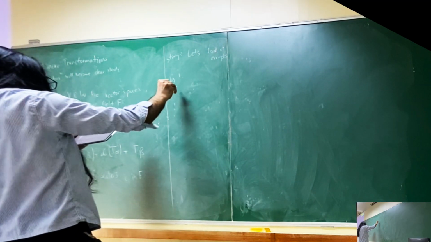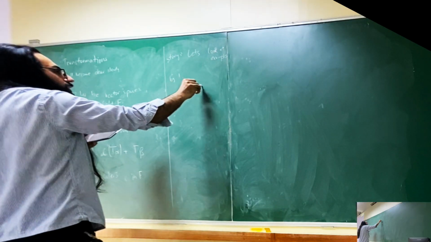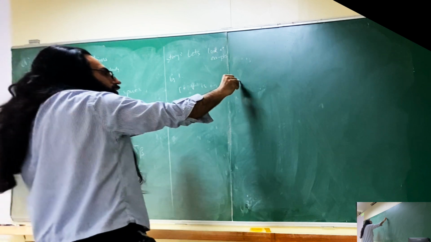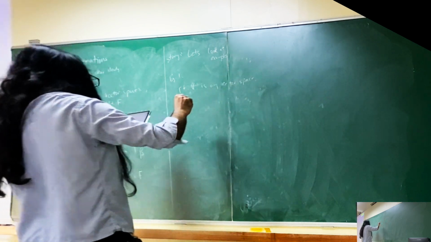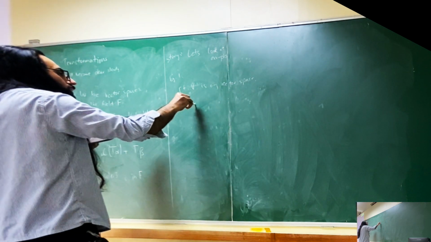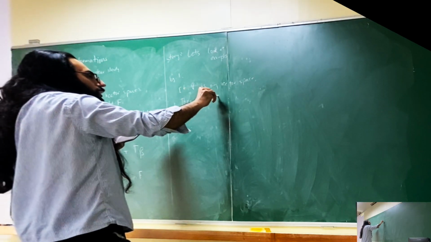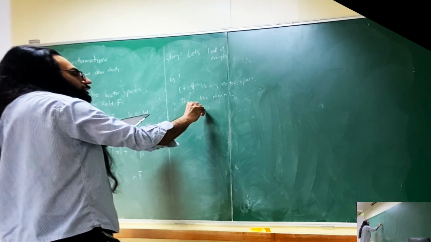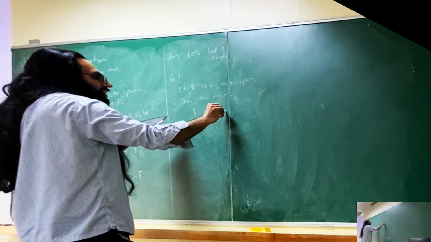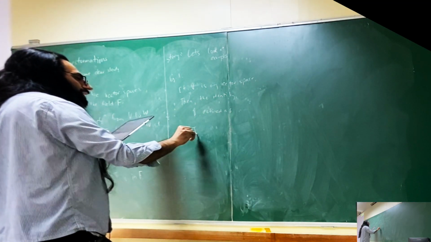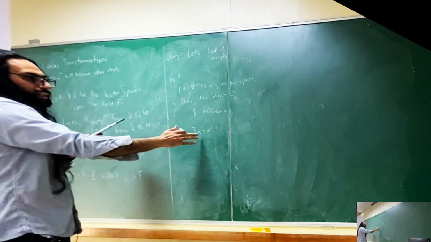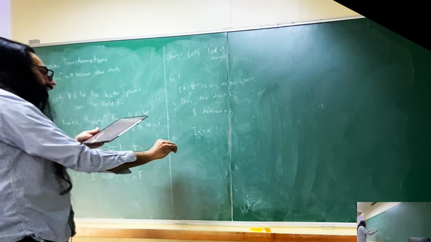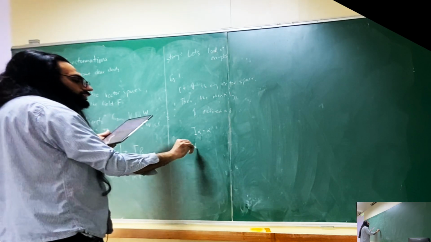So the first example is if V is any vector space, then the identity transformation is defined as I of alpha is your alpha. Okay, so you take a vector, you apply identity, it does nothing. This is the most trivial thing you can think of. Okay. It is linear.